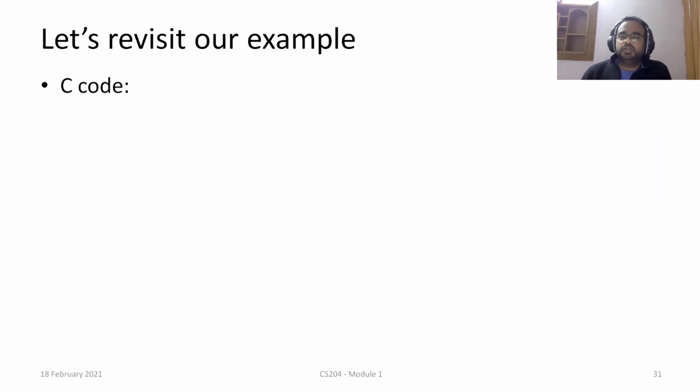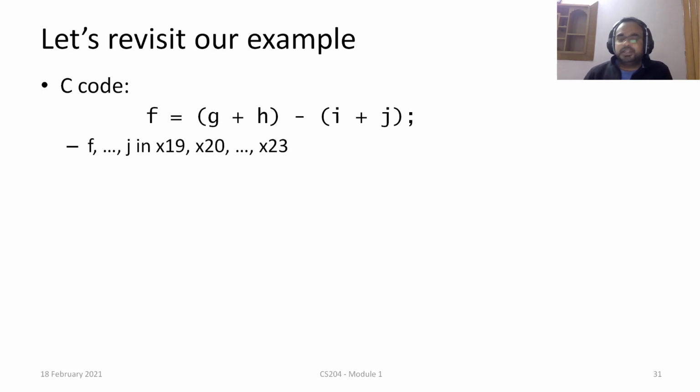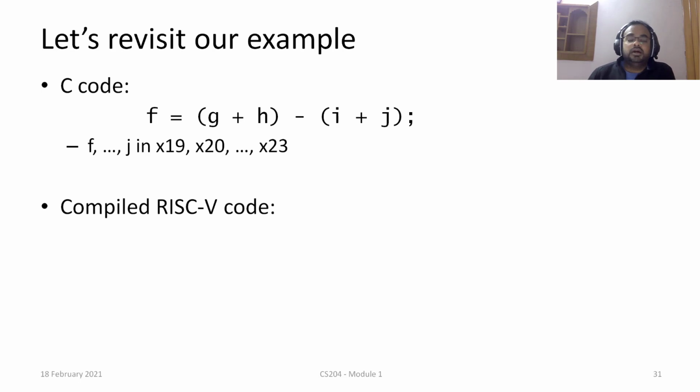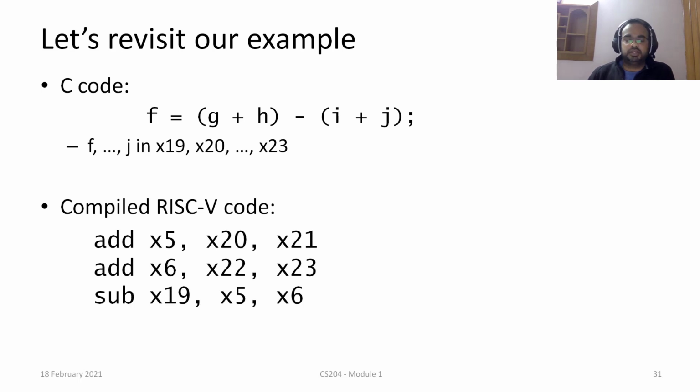Now let's go back to our C code. F equals G plus H minus I plus J. And let's assume the variables F, G, H, I, J are present in the registers x19, 20, 21, 22 and 23. Now if we look at the actual RISC-V code which was generated by a RISC-V compiler, it would look something like this.